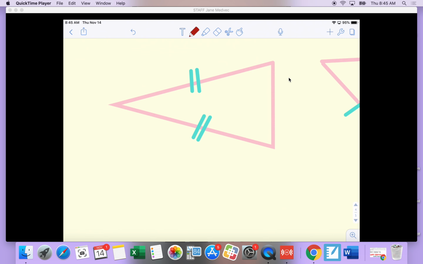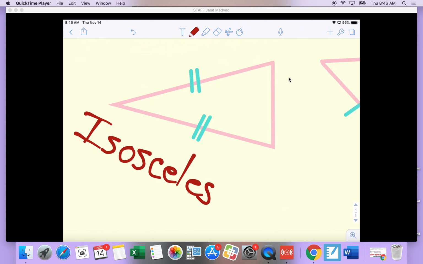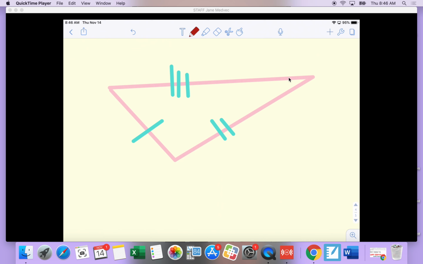All right, if I have 2 sides that are the same, I call it isosceles. You've probably learned that in 3rd grade. And a shape where all the sides are different is called scalene.